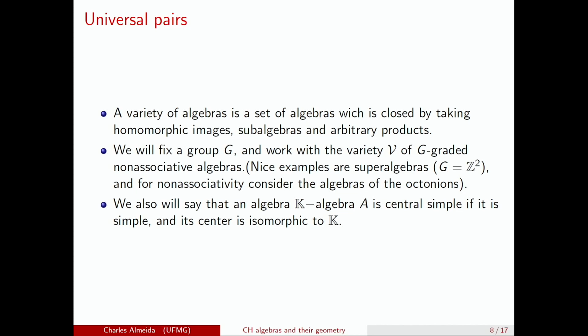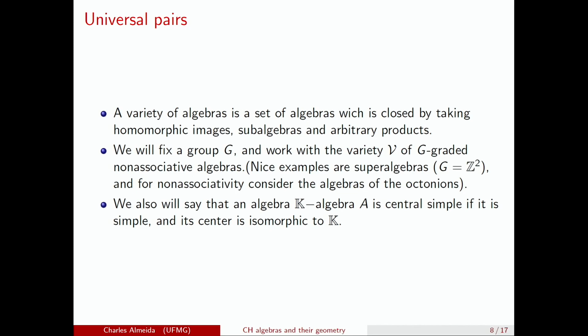That means that the algebras inside this set, which we call a variety, are closed under taking homomorphic images: if I have a homomorphism between two algebras, the image is again an algebra of the same type. Subalgebras inside these varieties are again of the same type, and arbitrary products are again an algebra of the same type.